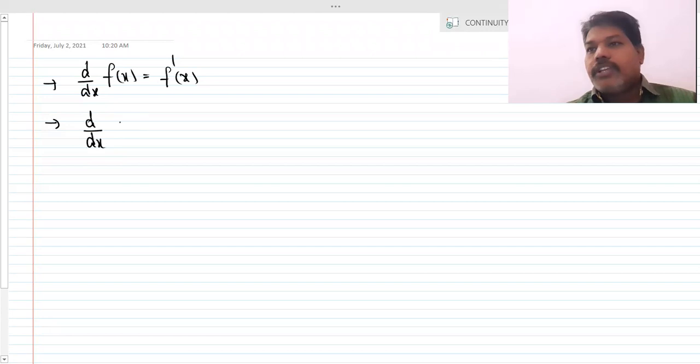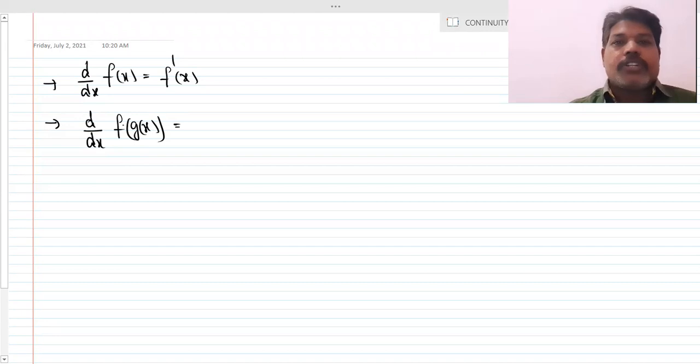Now take the derivative of f of g of x. What is the meaning of that? Two functions are there: f is one function and g is another function. In that case, how to differentiate? First, you have to differentiate f of g of x.